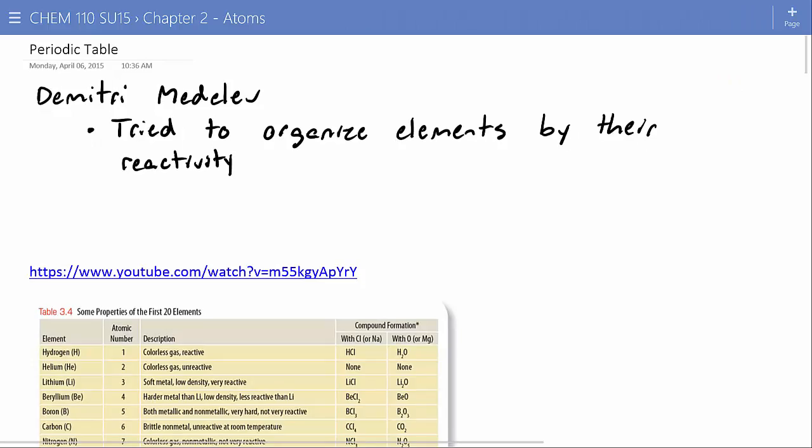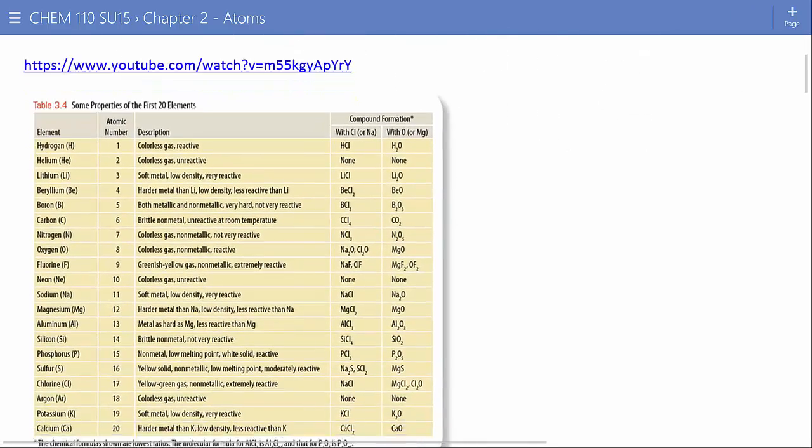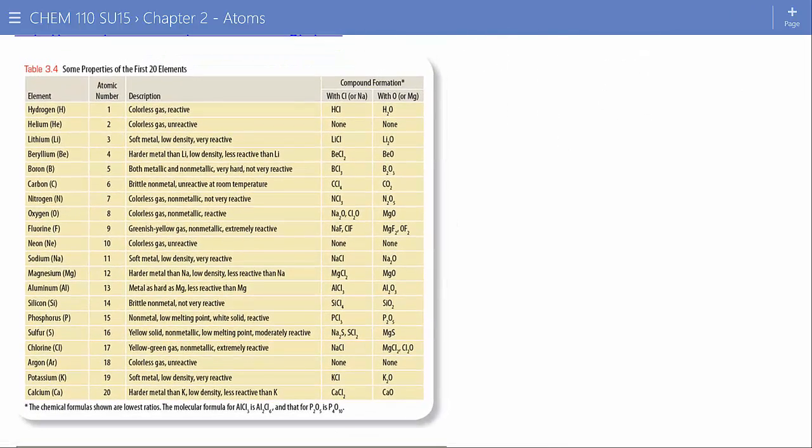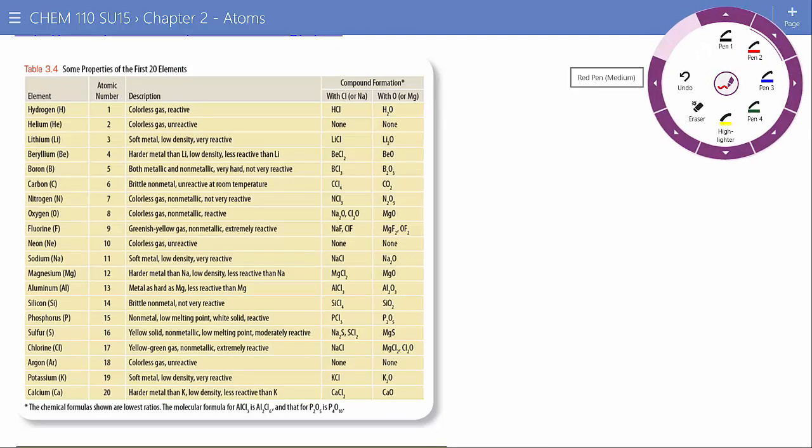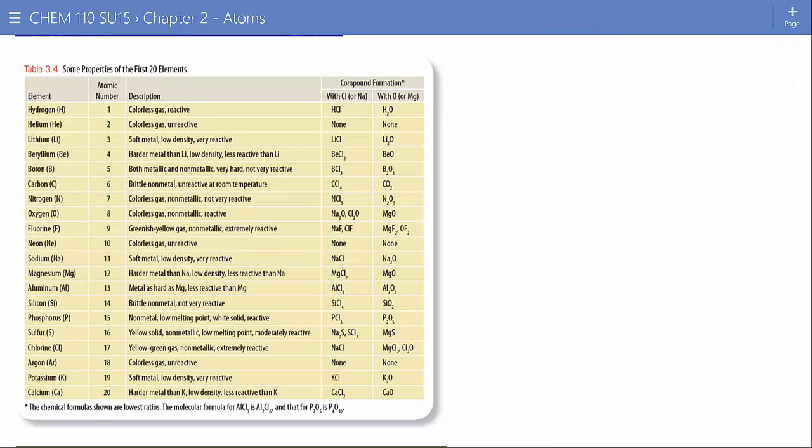So, for example, I've got this table down here, and I know it's kind of hard to see. But if we go through, I'm going to point out some unique ones here. We've got lithium right here. Lithium is a soft metal, low density, very reactive. And then we go down the list to beryllium, boron, carbon, nitrogen, oxygen, fluorine, neon, and then we go to sodium down here.